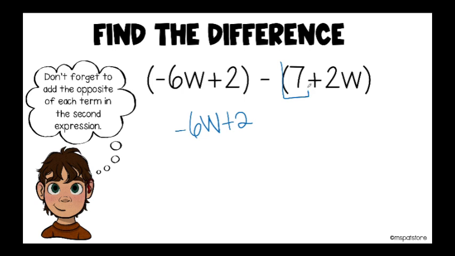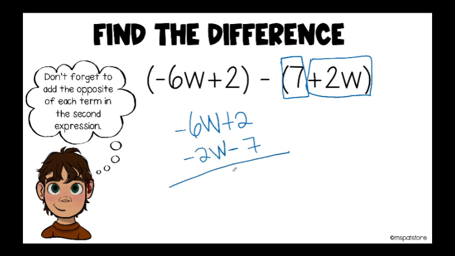The opposite of positive 7 is negative 7. But I cannot write negative 7 down here. It has to be over here because negative 7 and positive 2 are like terms. Now I need to add the opposite of positive 2w, which is negative 2w.